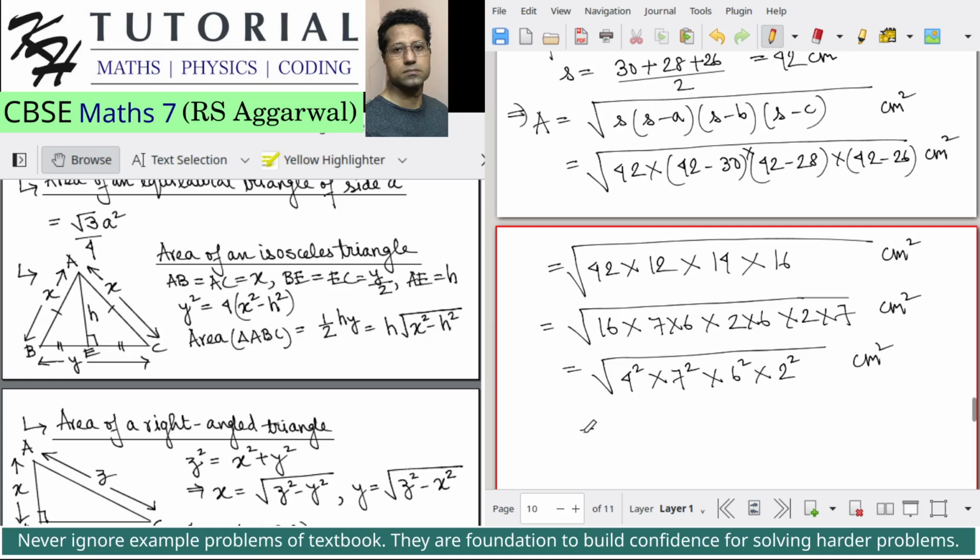So this is equal to 4 multiplied by 7 multiplied by 6 multiplied by 2, this much centimeter square, which is equal to 28 multiplied by 12 is 336.